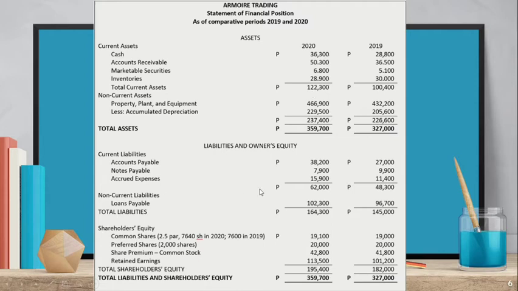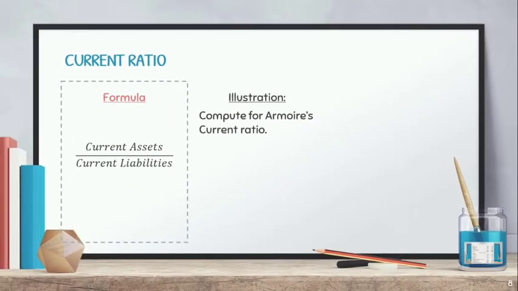Then, our current liabilities of 62,000. So, going back, compute for Armor's current ratio. What are our current assets? 122,300 divided by our current liabilities of 62,000. So, we have the current ratio of 1.97. So, the current ratio of Armor for 2020 is 1.97.